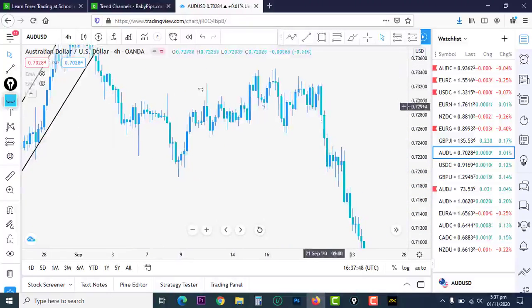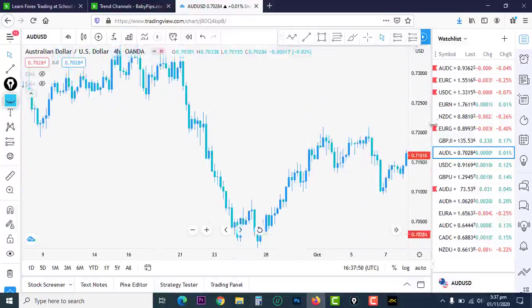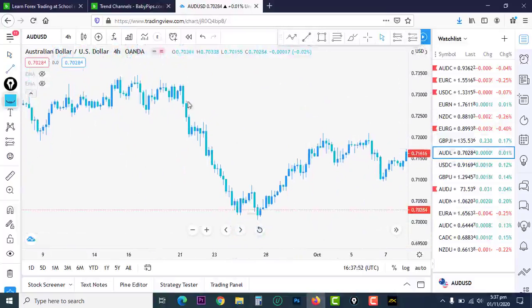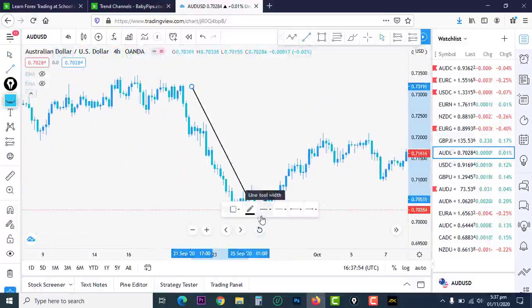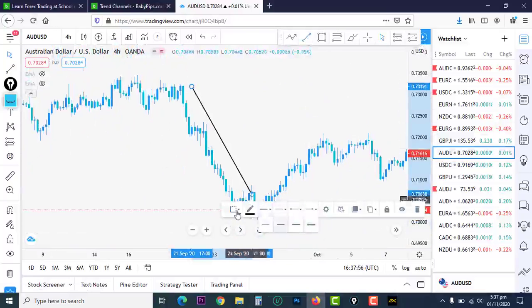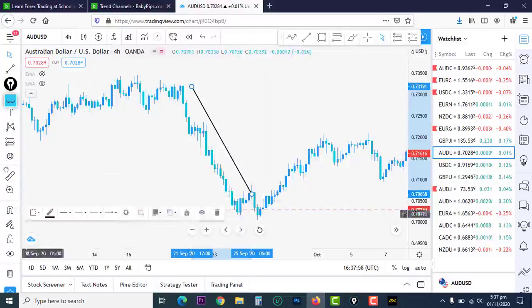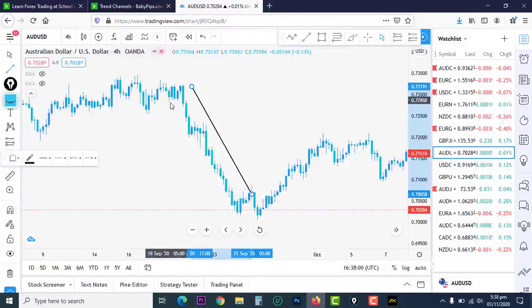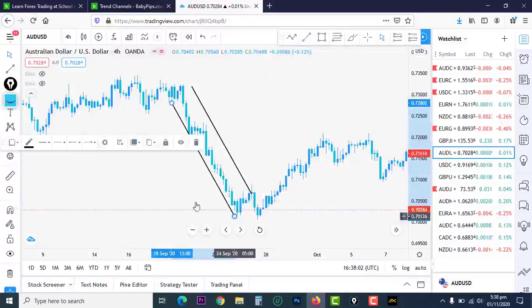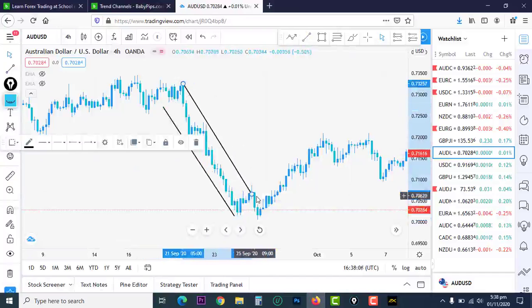Okay, and then here we have the downward trend channel, until finally it broke.